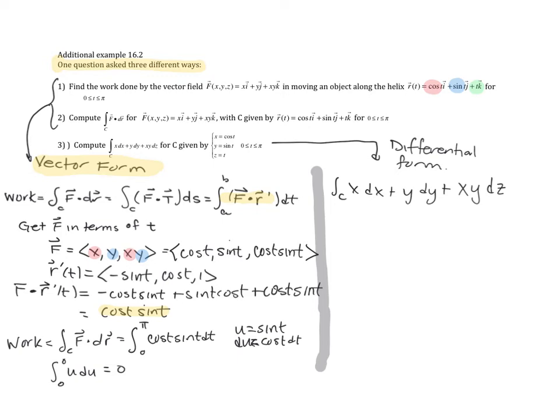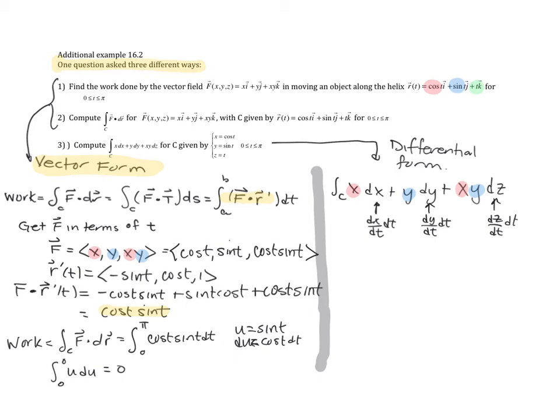And we're going to put in the x and y as we did before. Now for the differentials, dx becomes dx/dt dt, dy becomes dy/dt dt, and dz becomes dz/dt dt.